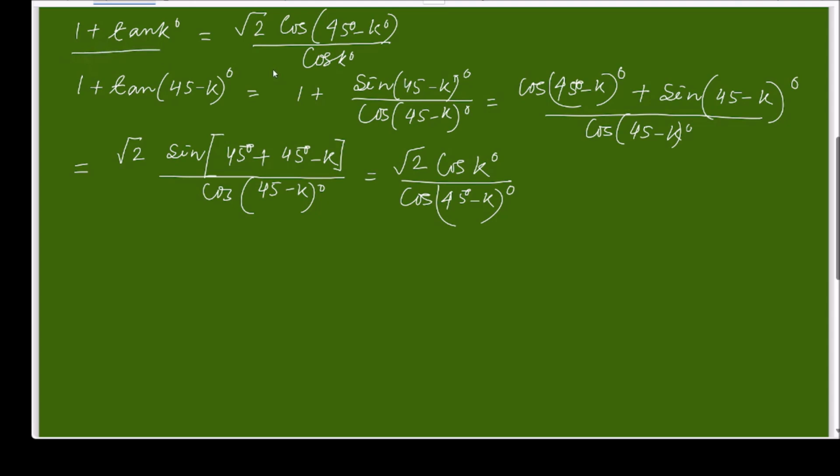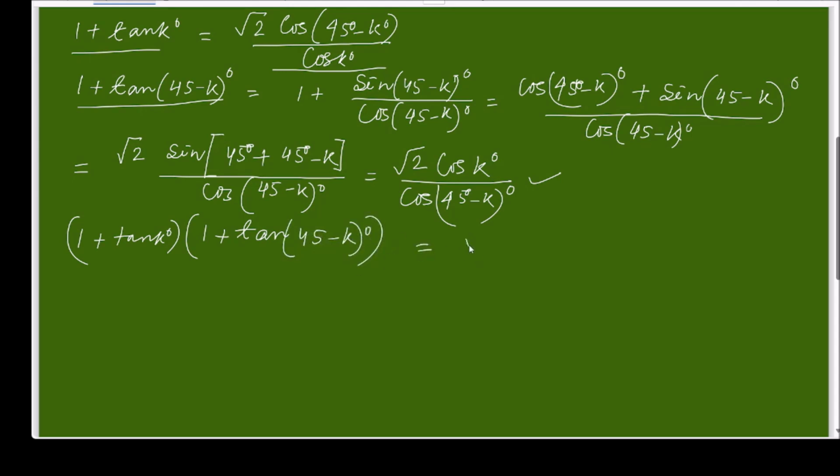1 plus tan k degree is equal to the right hand expression, and 1 plus tan(45 minus k) is equal to this expression. I'll multiply these two. 1 plus tan k degree into 1 plus tan(45 minus k) degree.